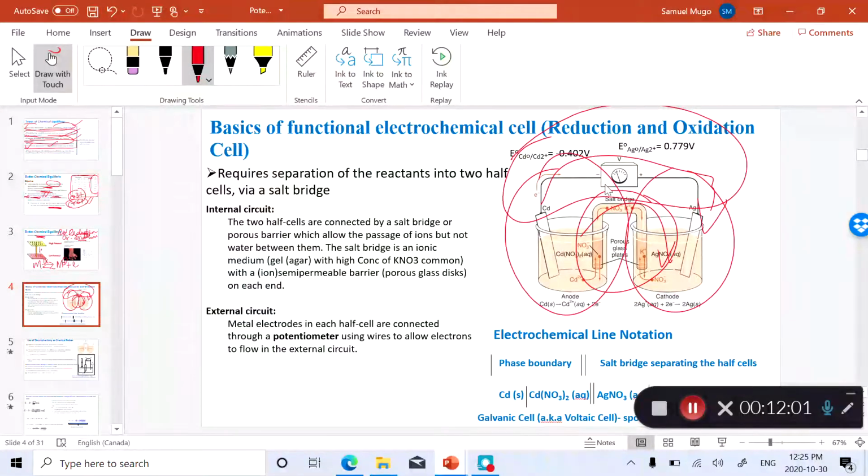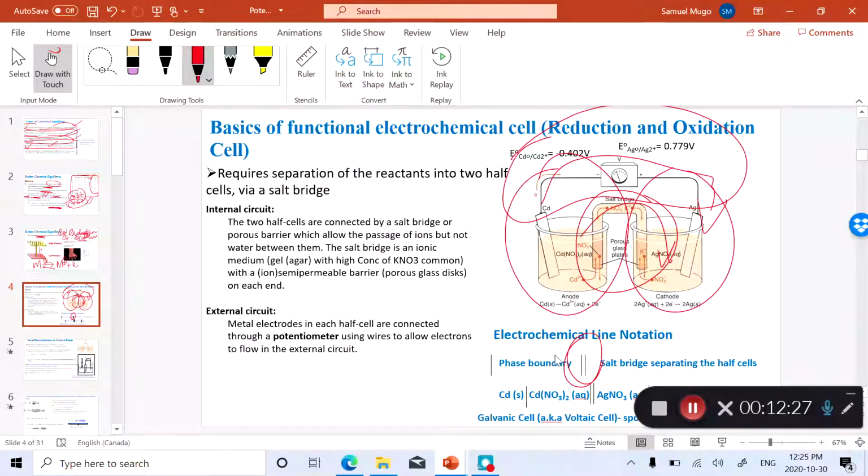And of course, that's electricity, meaning I can measure it using a voltmeter, or even using an ammeter, to measure amperes, and so on. I hope that's clear. In terms of the notation, we often use these two strokes to divide the two half cells.